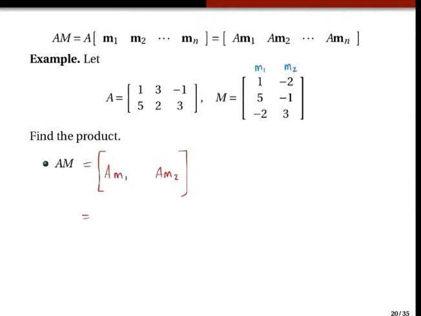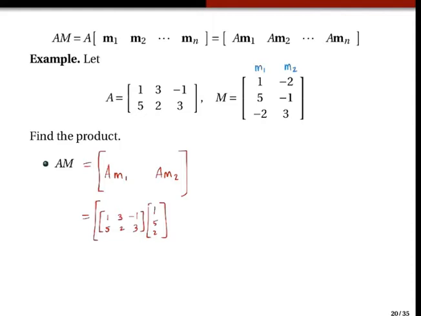So here, you will have what? Your A, let us write that matrix. 1, 3, -1, and then 5, 2, 3. And then your M1, your first column for M, it's 1, 5, 2.